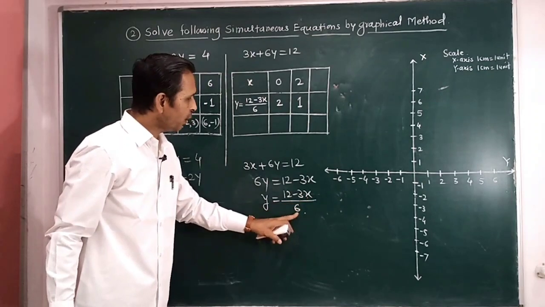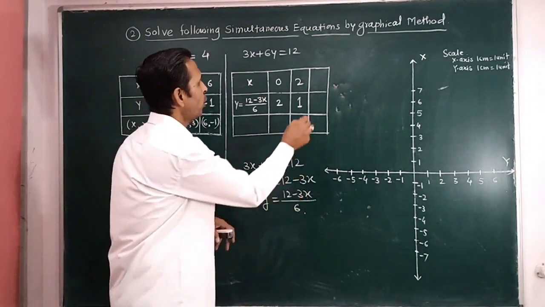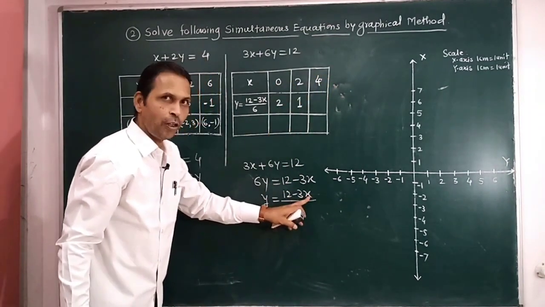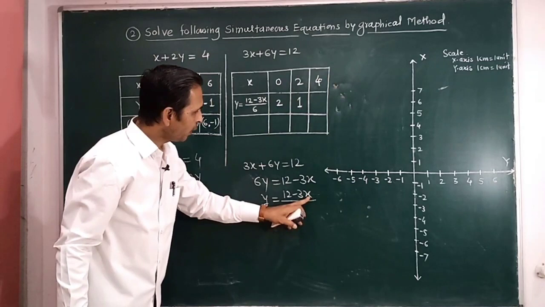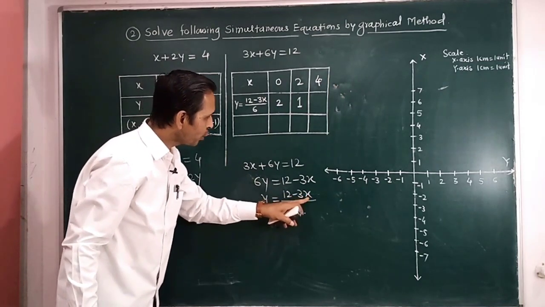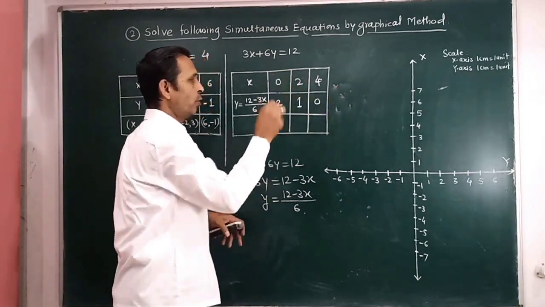Suppose we take x = 4. Then 4 into 3 is 12, 12 minus 12 is 0, and 0 upon 6 is 0.